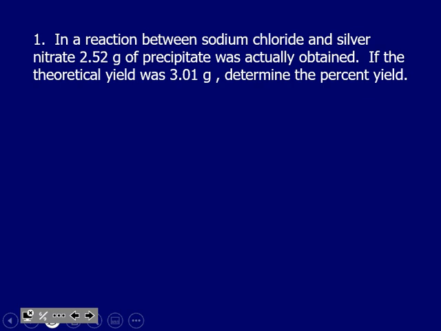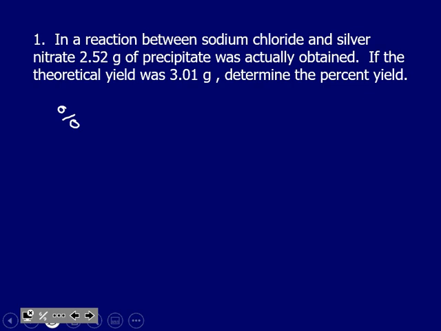So you can see here in the terminology, we're kind of guiding you towards 2.52 grams of the precipitate was actually obtained. If the theoretical yield was 3.01, determine the percent yield. So very straightforward. I don't need to see this equation, but because I'm the teacher and I'm teaching you, I'm going to write it down this first time, and then after that, you don't need to write it down.